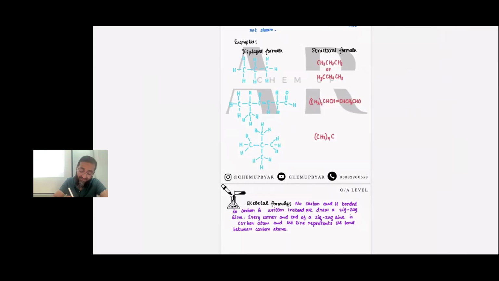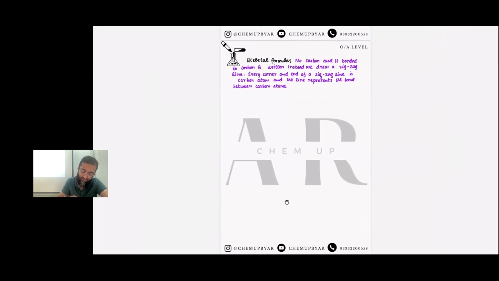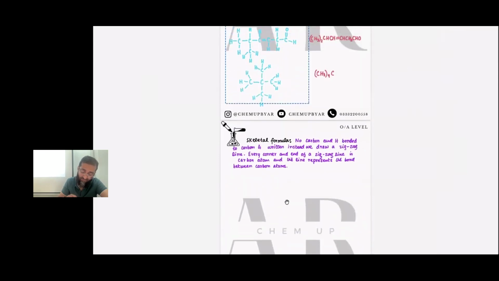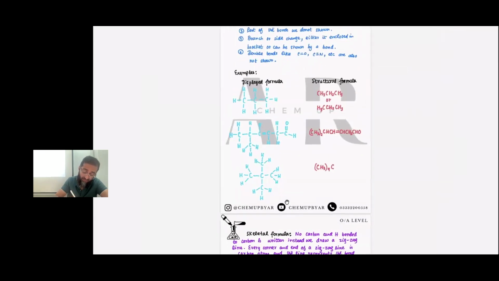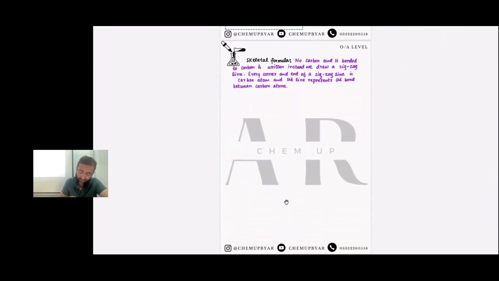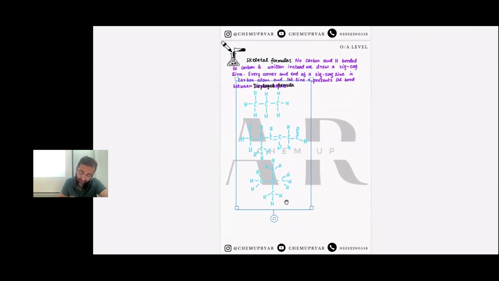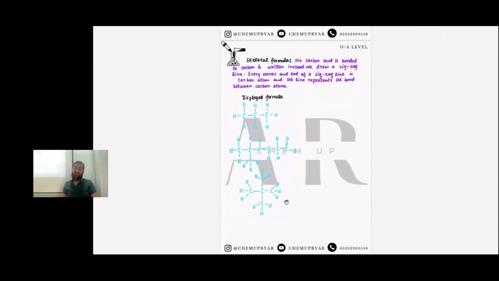So, for example, see, here we got the displayed formulas.